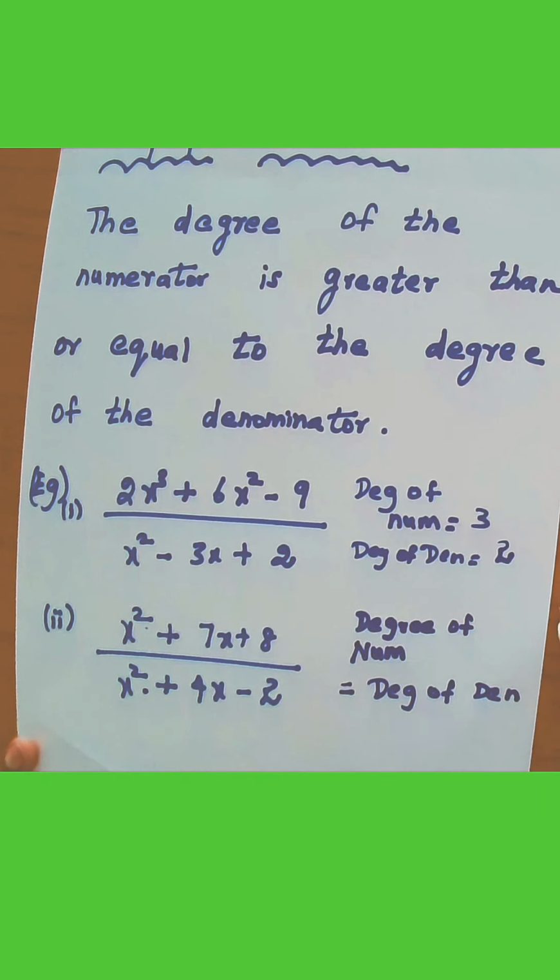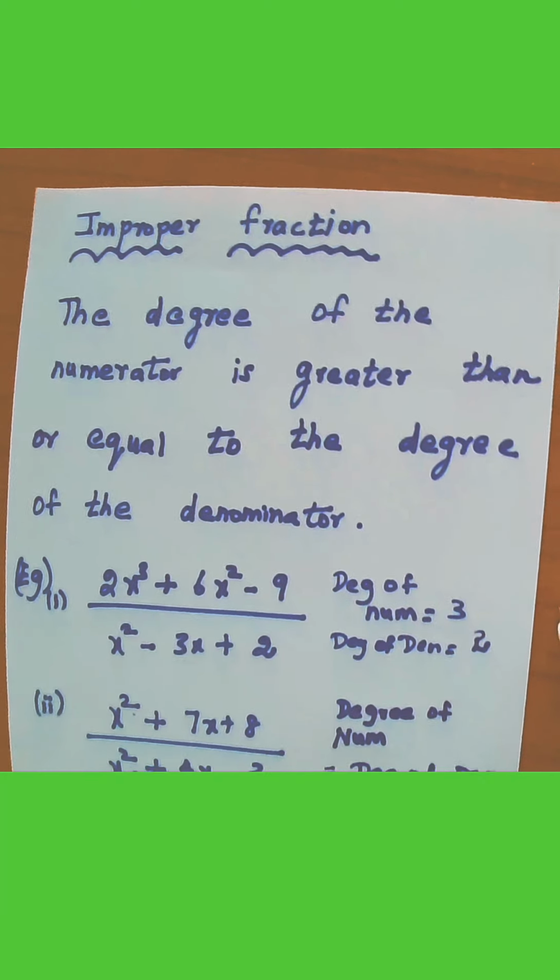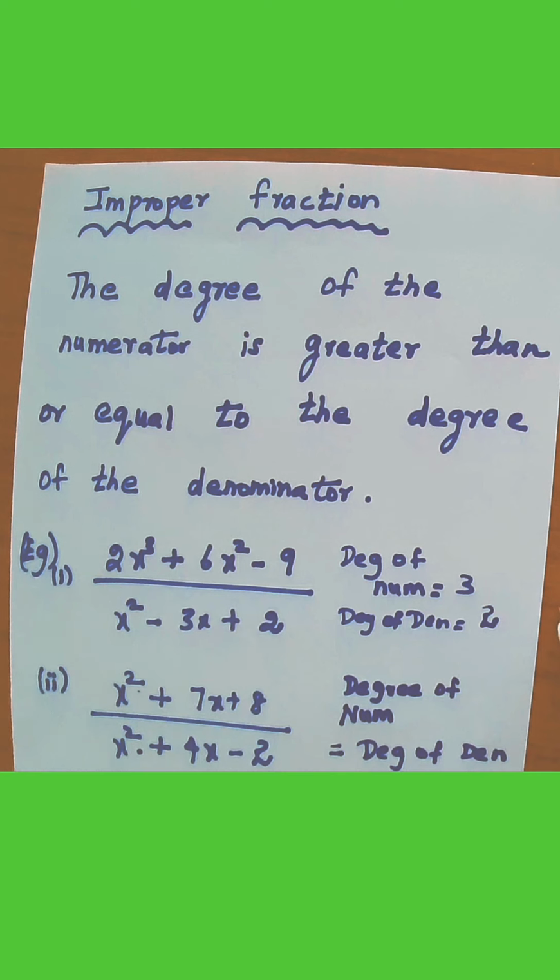So this is also an improper fraction. You should identify this, because in partial fractions we have several types to solve. You should know whether the given fraction is proper or improper, and based on that, we have to solve.